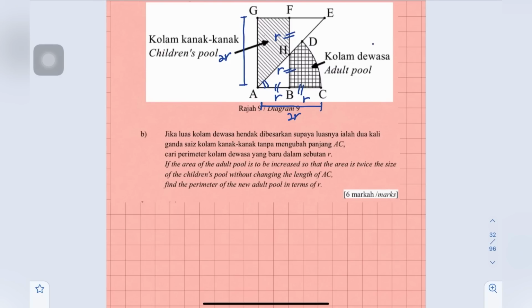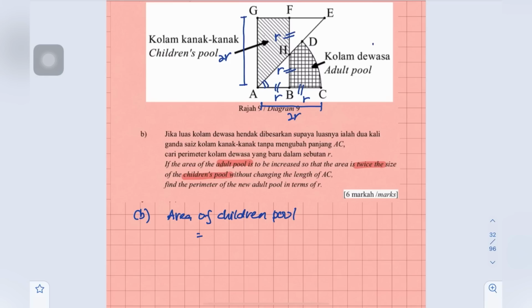B. If the area of the adult pool is to be increased so that the area is twice the size of the children's pool without changing the length of AC, find the perimeter of the new adult pool in terms of R. Okay, so given the adult pool area is twice the children's pool area. From the diagram we can find the area of the children's pool.